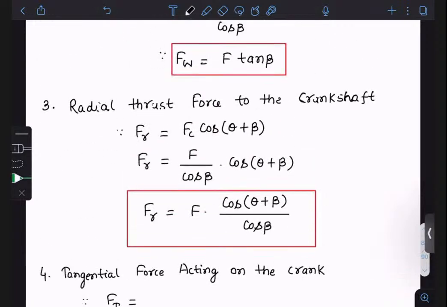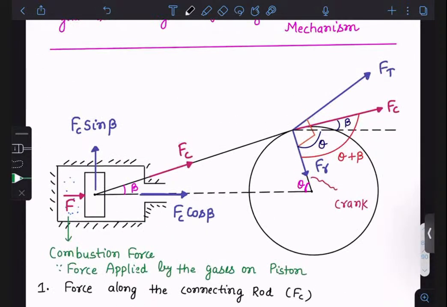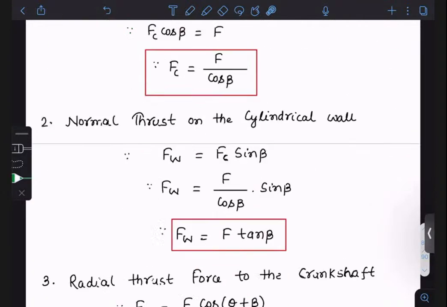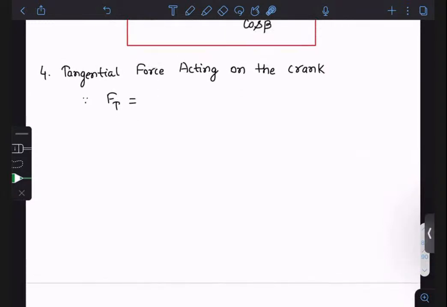How can we find out Ft? See, Ft is the component of this Fc, and the angle is theta plus beta. So this will be Fc sine theta plus beta. I hope this is clear.